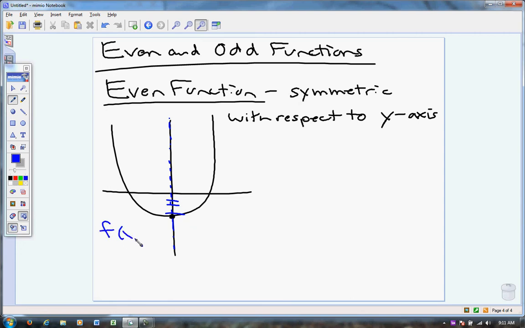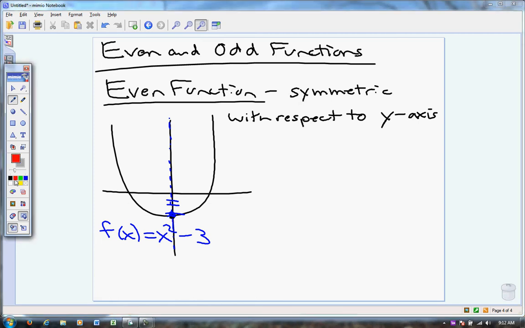Let's say that this parabola is x squared minus 3. We're going to learn about transformations later, but this thing is moved down 3 units. All right? If I were to come over here to, let's say I were to come way over to 7 and compare that to -7. Let's look at the function values at 7 and -7.